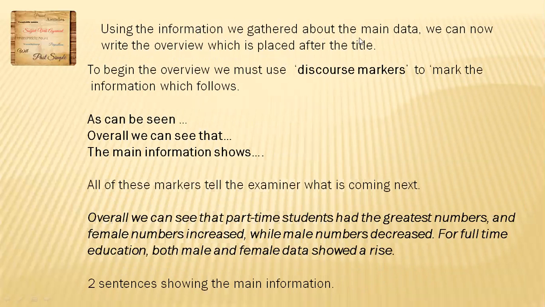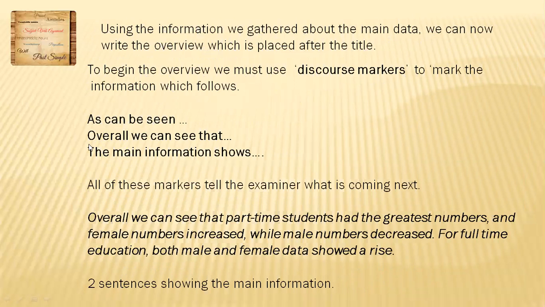Using the information we gathered about the data, we can now write the overview. To begin with, we must use discourse markers to mark the information that is going to follow. These are three typical overview beginnings. Some of you will be familiar with these, especially this word.